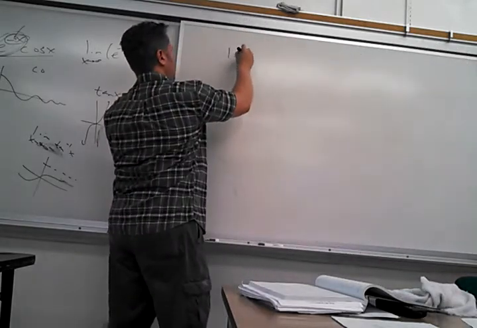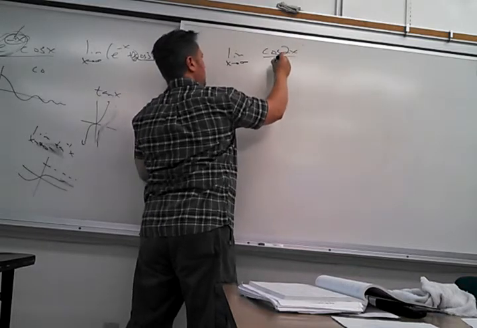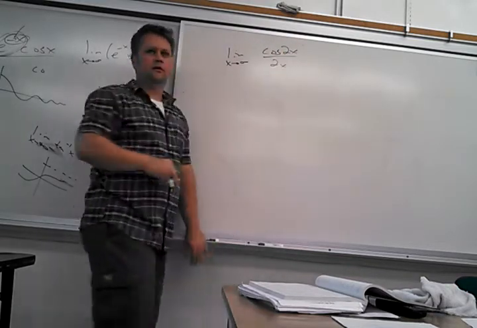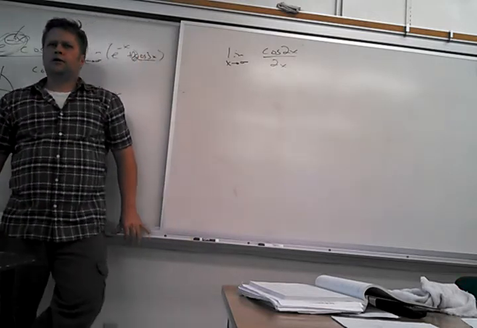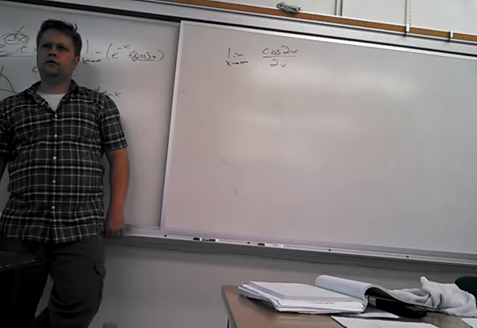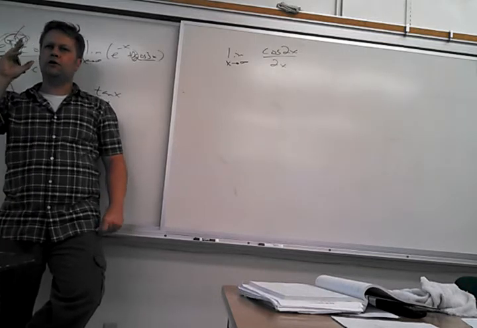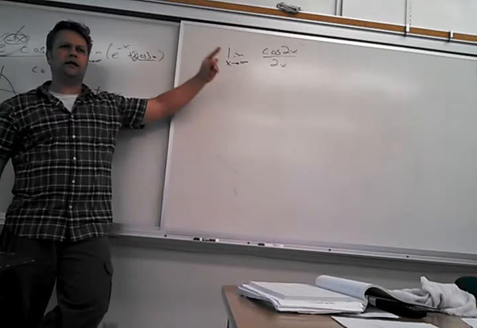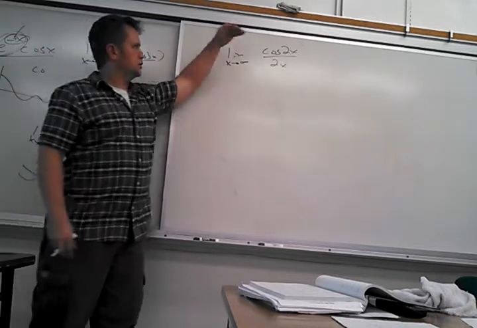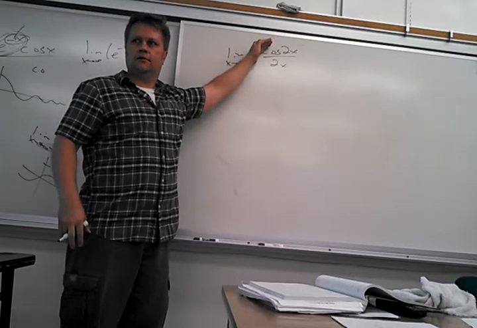If I had the limit as x goes to infinity of cosine 2x over 2x, what do you think? 1. This one is too easy. I think you're trying to think about 0. Be careful. It's as x goes to infinity. The top is effectively a constant.